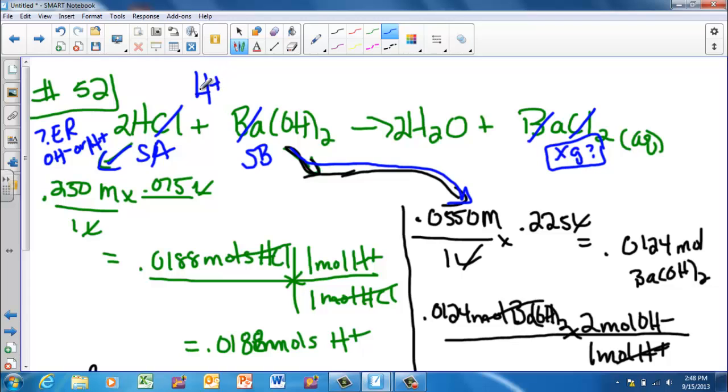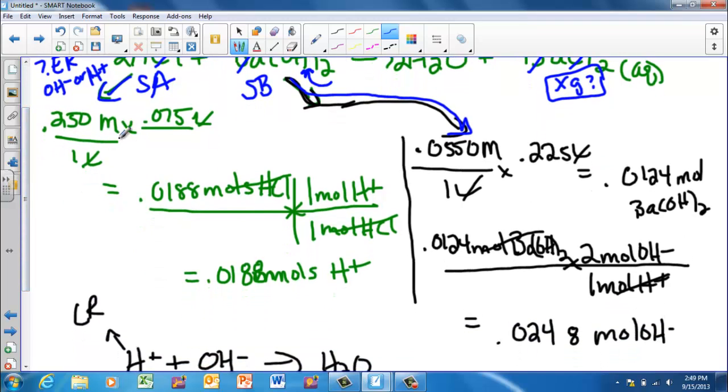Barium is going to be a spectator. So my net ionic equation here is hydrogen plus hydroxide gives me water, which makes the math very easy because once I figure out the moles of them, I can do everything else pretty quickly. But again, there is one major curveball here in that barium hydroxide has 2 moles of hydroxide. So let's see what this looks like.